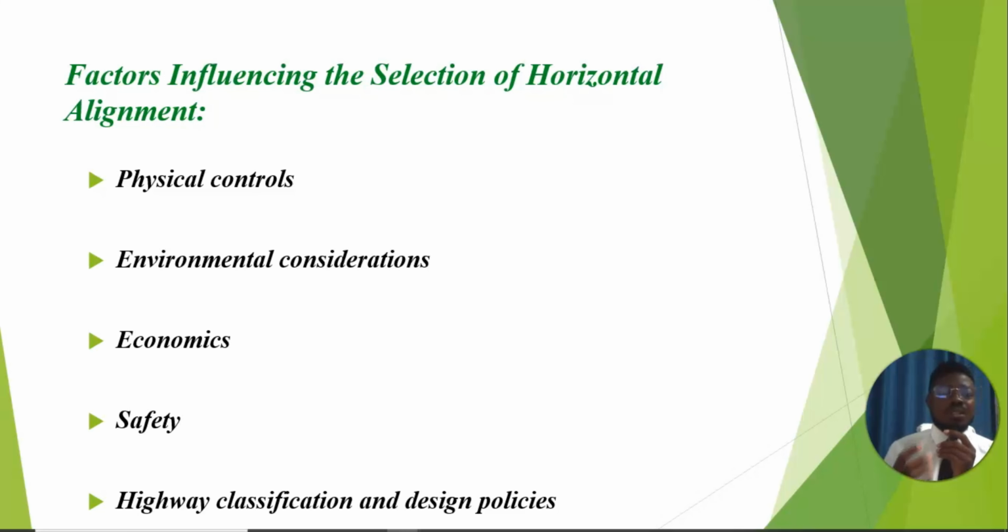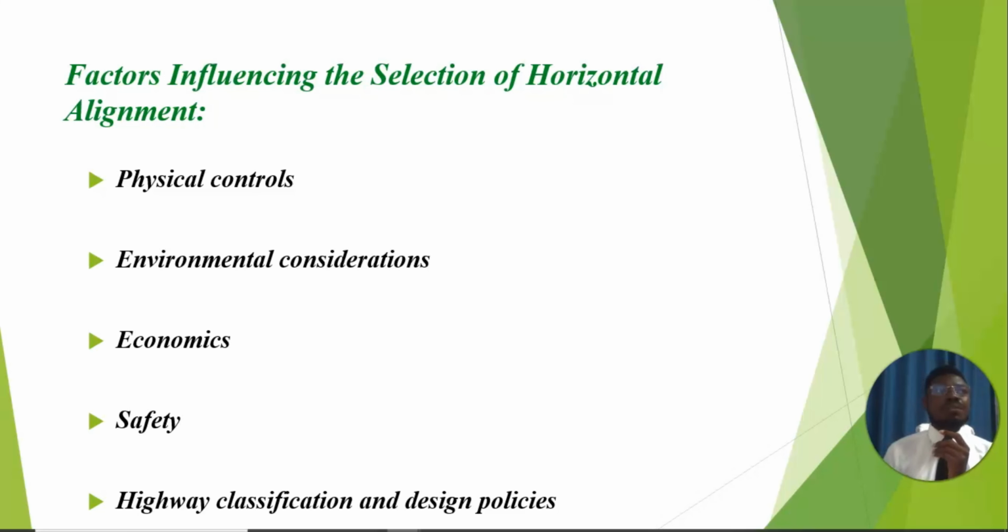These are some of the factors under the physical control that influence which of the horizontal alignments we are going to be implementing on that road. So like I said, we have to look into the topography, the water courses, the geophysical conditions, the land use. These are some of the physical controls. And the second is the environmental consideration.